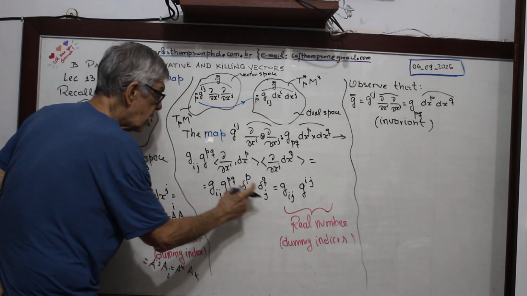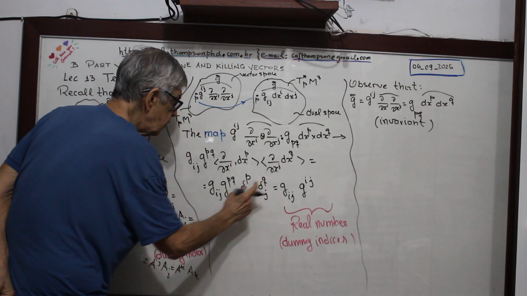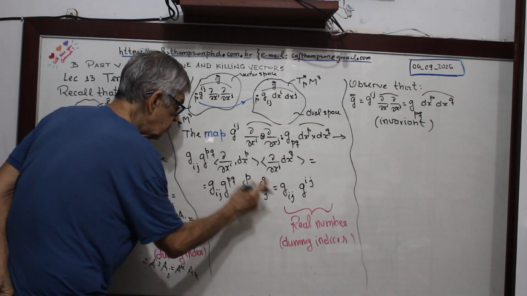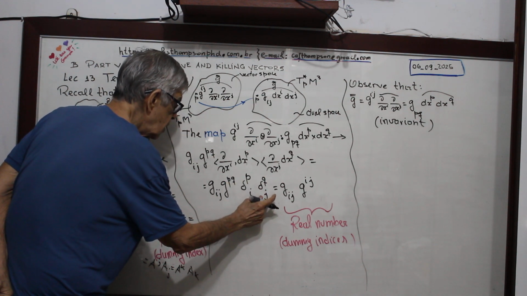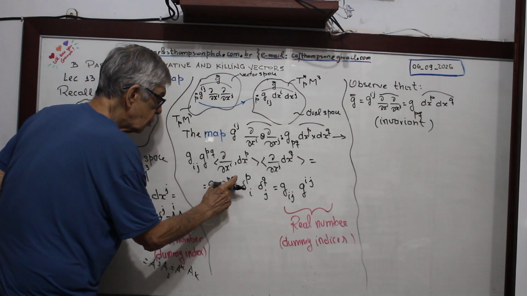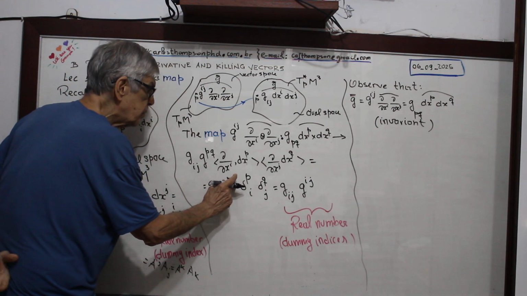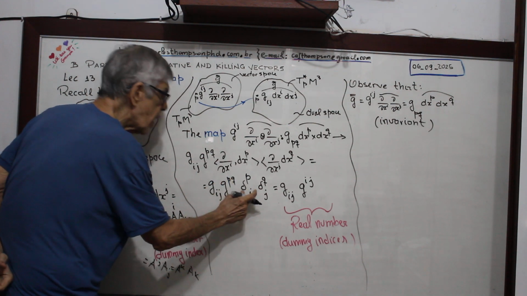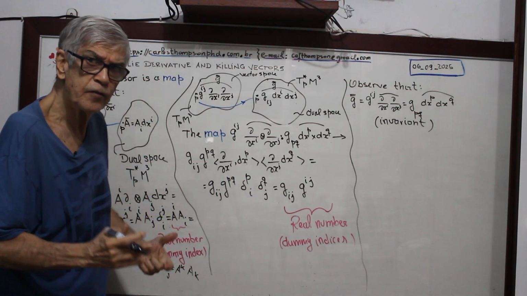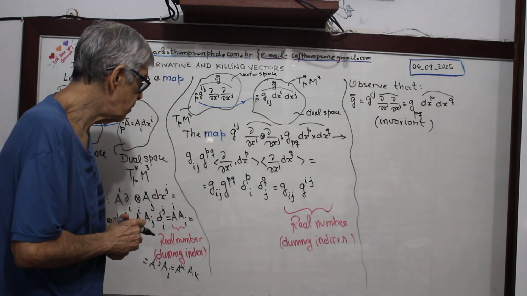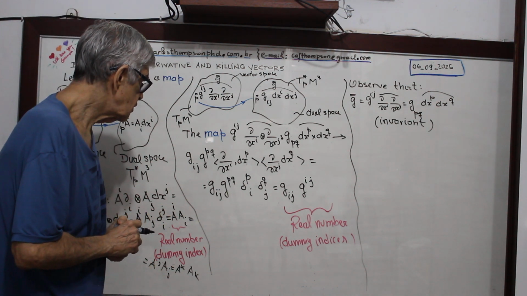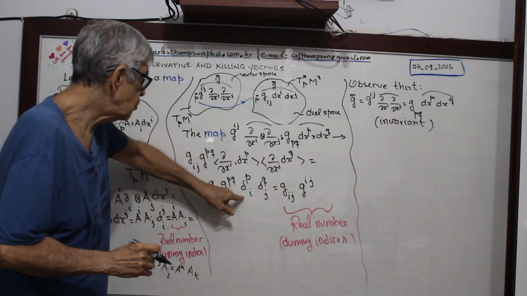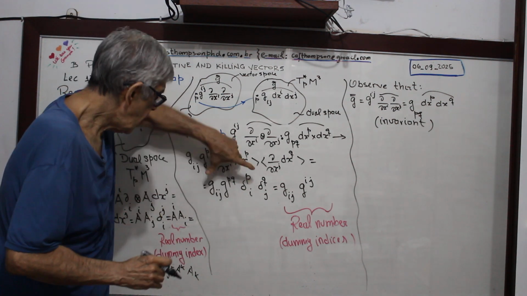Likewise, delta with j: we replace q by j, and replace p by i, according to the definition of the Kronecker delta.